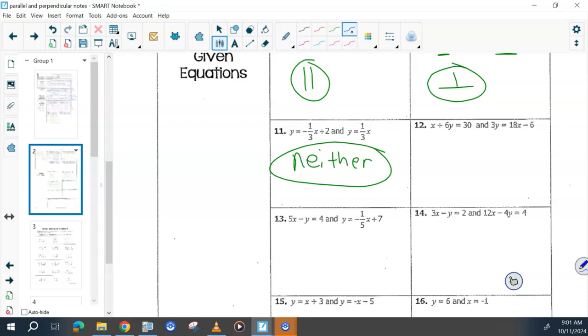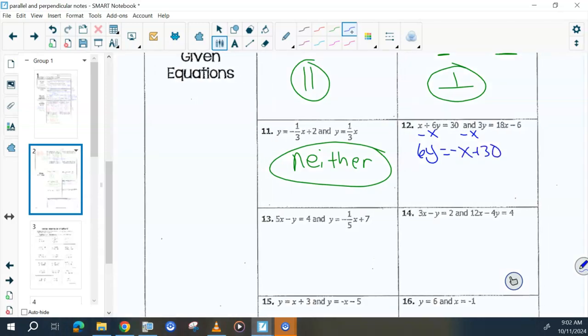Subtract x. Rearrange this so that we have negative x plus 30. Then we could divide by 6. I just moved this entire thing. So we have y equals negative 1/6x plus 5.